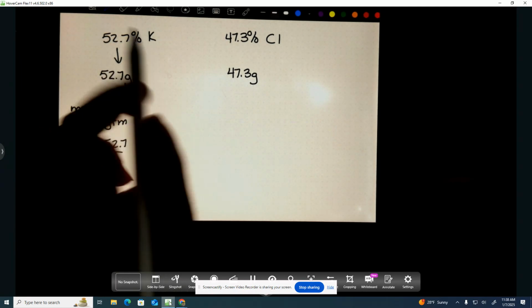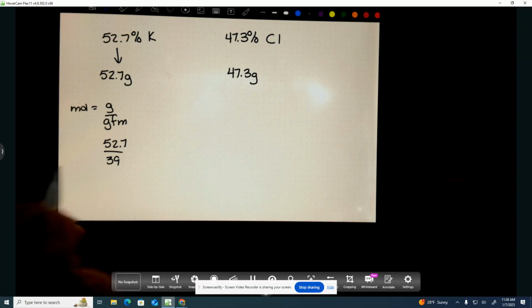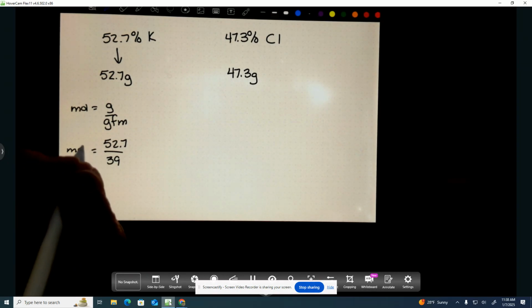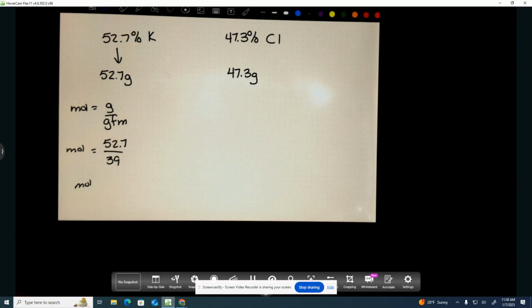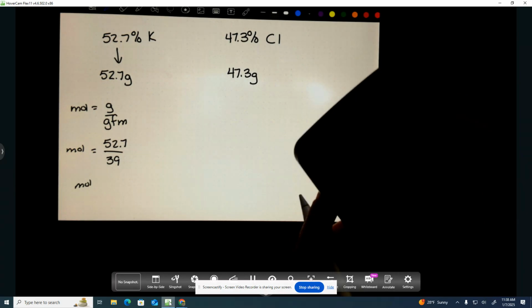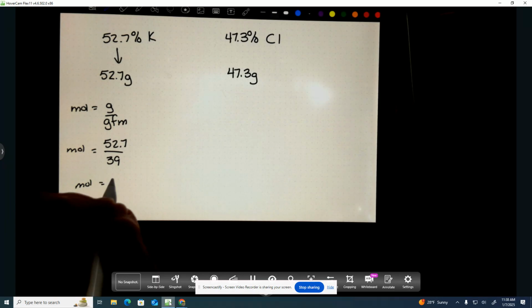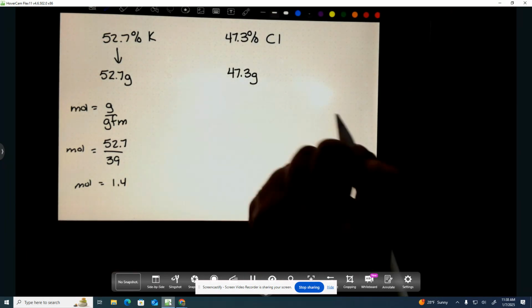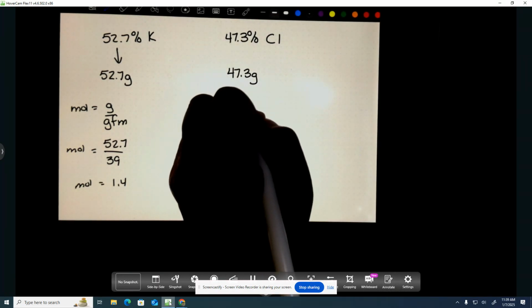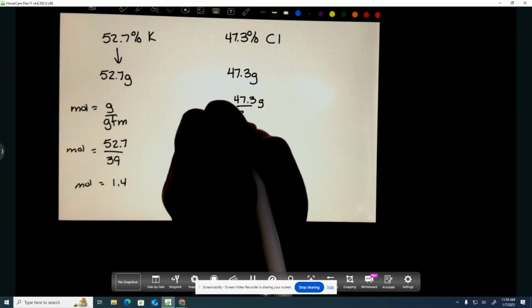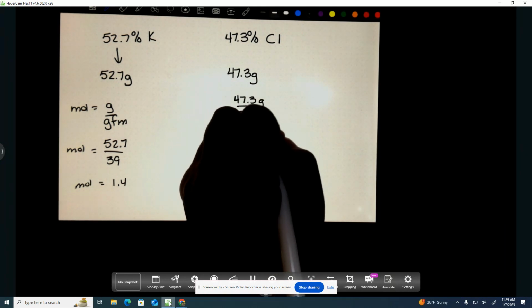We have grams, 52.7. The gram formula mass of potassium is 39. 52.7 divided by 39 is 1.4. And then we're going to do the same thing over here. 47.3 grams divided by 35 grams per mole.